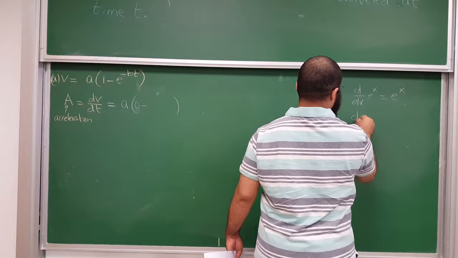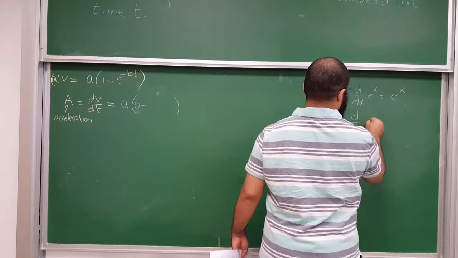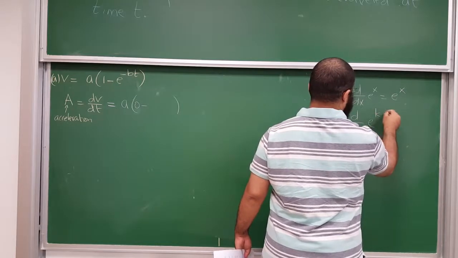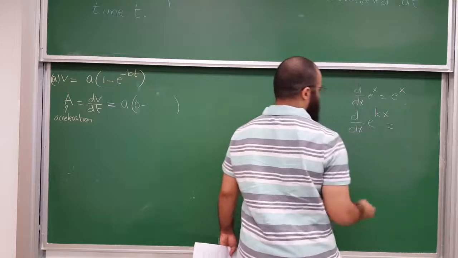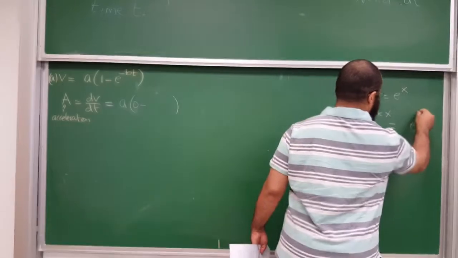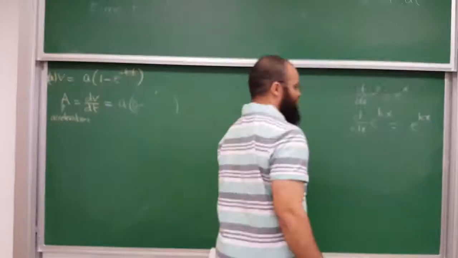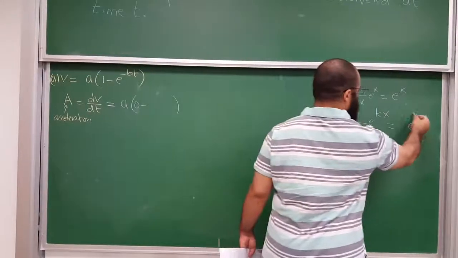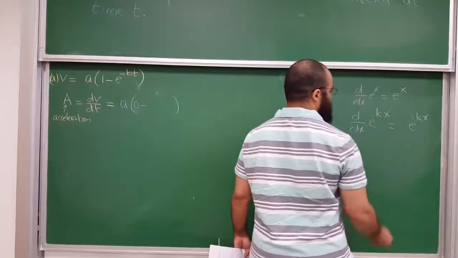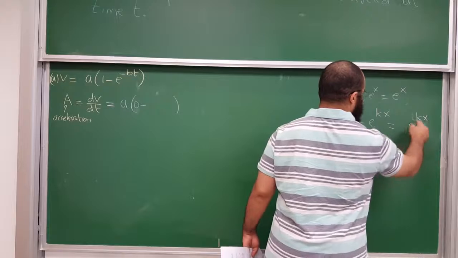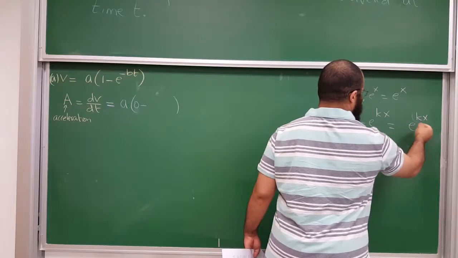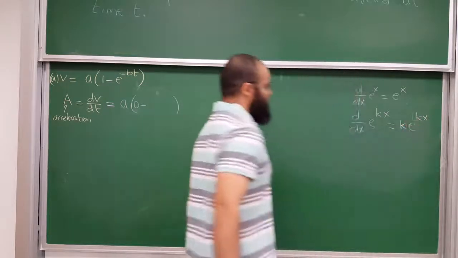And if you have d/dx of e to the kx, where k is a constant, by the chain rule you get e to the kx, but then you have to take the derivative of the inside function, which gives you k. Derivative of kx with respect to x is k.